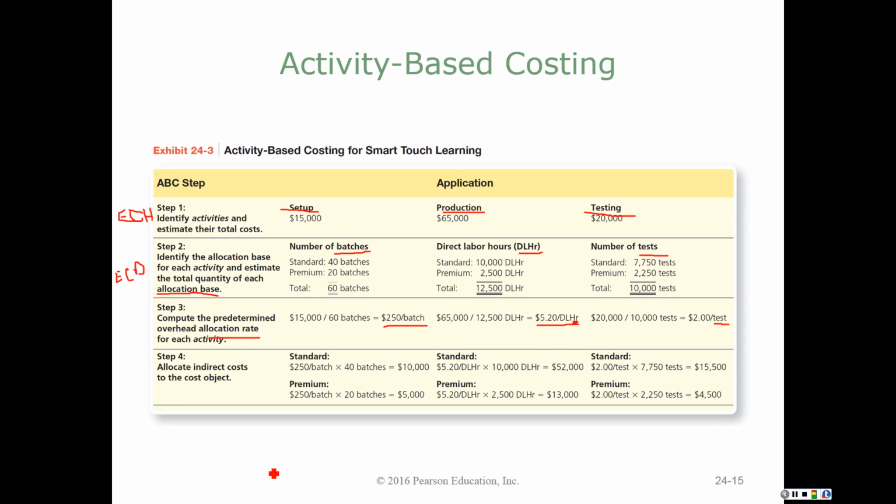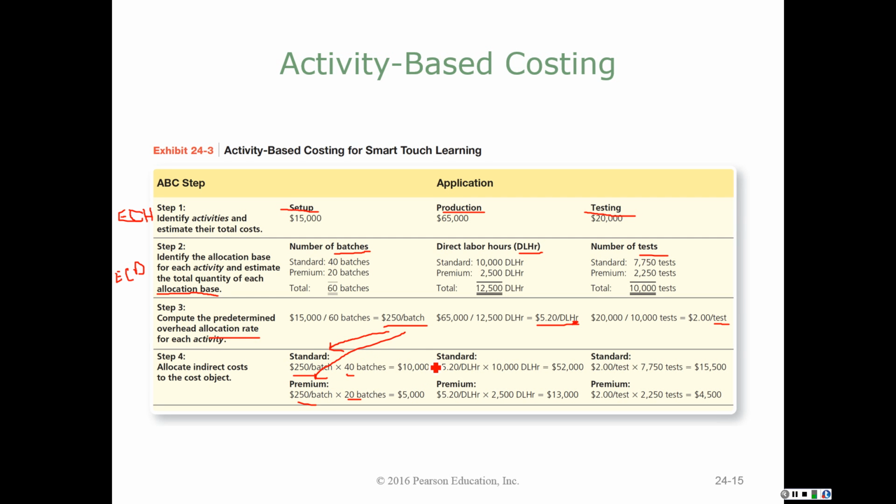Now I can allocate overhead to my setup department for the standard, and allocate overhead to the premium. It's simply the number of batches, 40 times my overhead rate, and 20 batches times my overhead rate. So not only am I breaking it down, not only am I being more precise in my overhead allocation rate, but I'm able to allocate it to my standard and to my premium products.